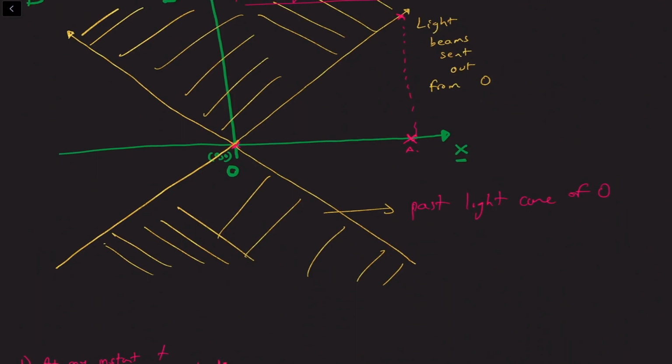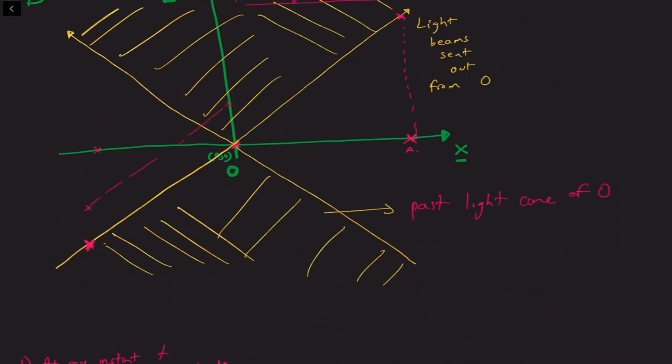So if I consider all spatial points at t less than 0, any spatial point here, for example, for it to have communicated or sent information to O by the time t is equal to 0, it would have had to communicate at least this early. If it communicates any later, that signal would reach O only in the future, at some time over here.